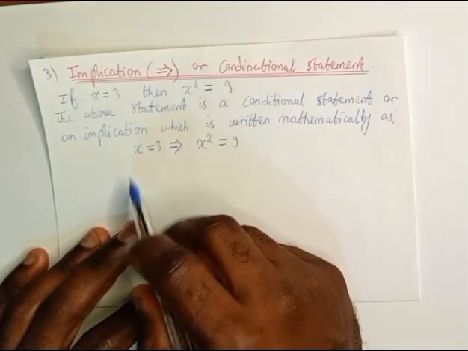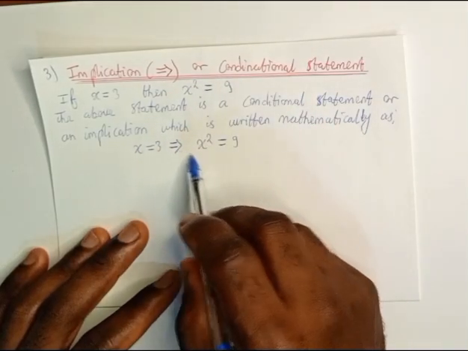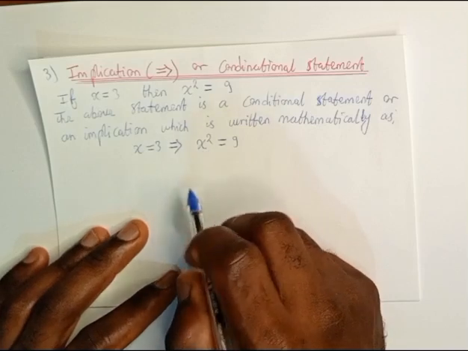And we read this as, if x is equal to 3, then x squared is equal to 9.